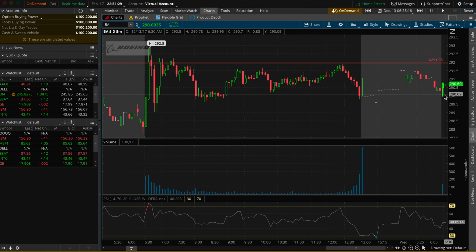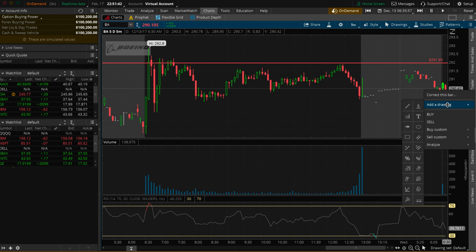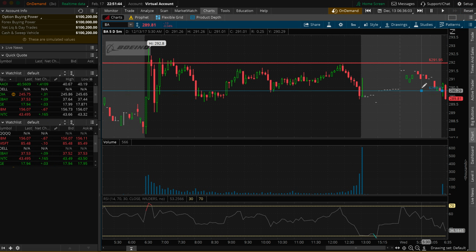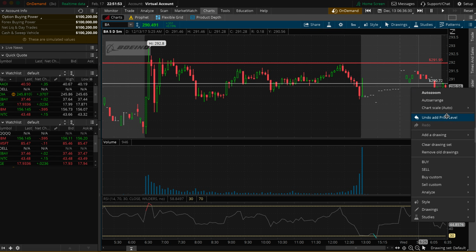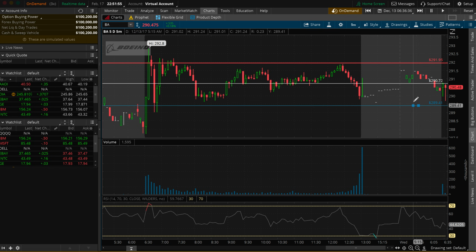So this one just closed green and it's a tail, right? So that's a good thing. That's bullish. So what I like to do is I go to the top and I'll draw a line. I'll go to the bottom and I'll draw a line.